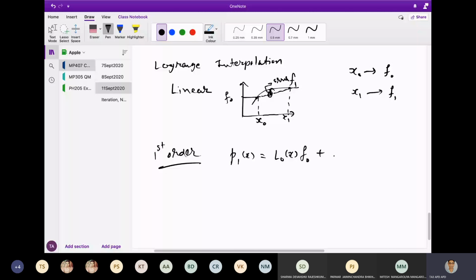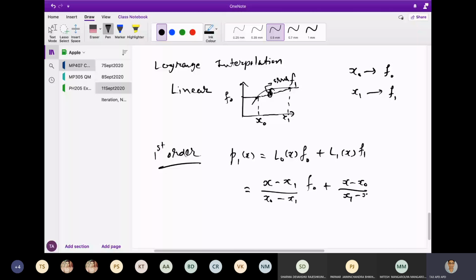This is simply taking the difference for the 2 points. When you take L0, you take the opposite coordinate, which is x1: (x minus x1) over (x0 minus x1) into f0, plus, for L1, you take x0: (x minus x0) over (x1 minus x0) into f1.